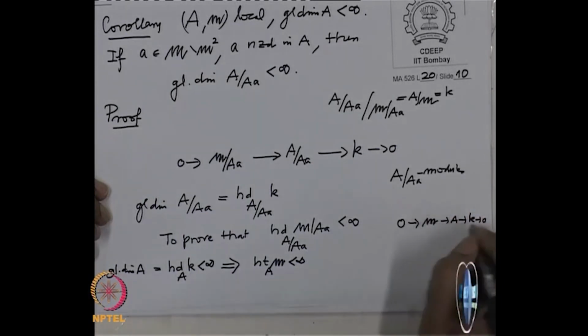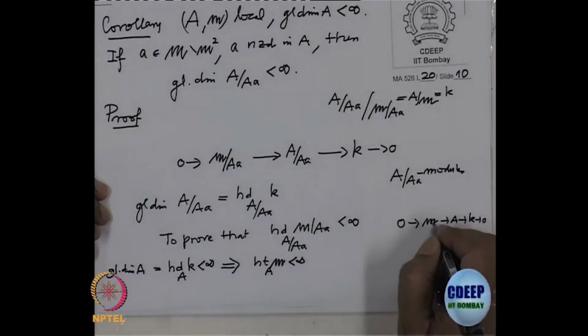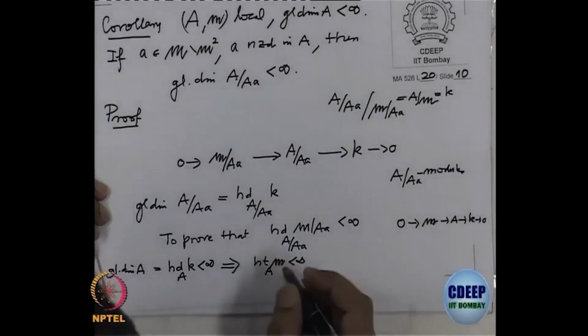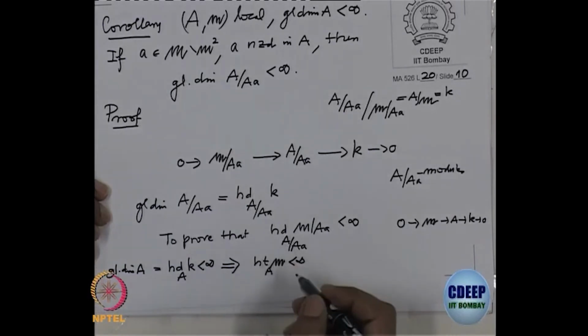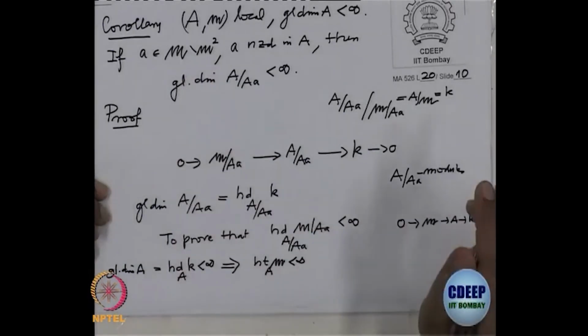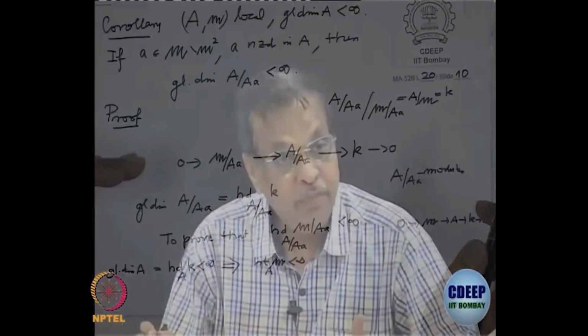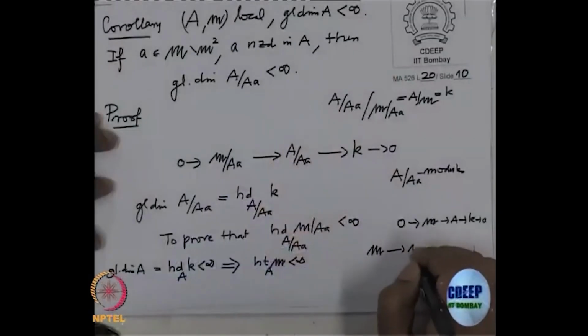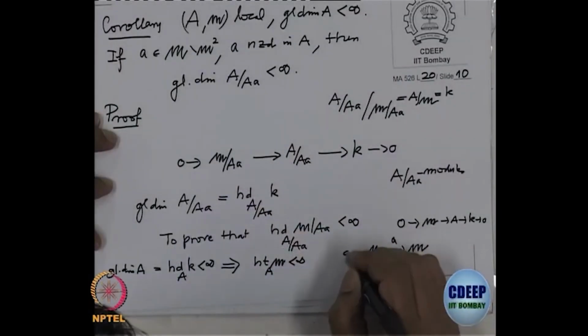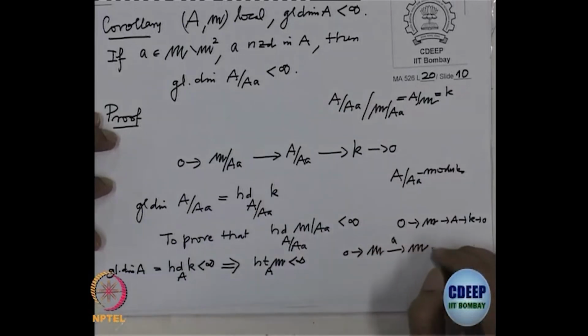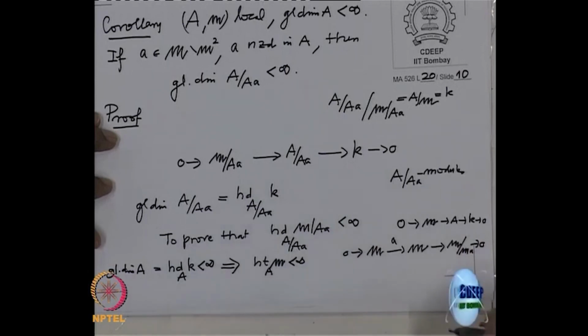So, the homological dimension of this is finite, therefore, this will also be finite. But now remember this a is a non-zero divisor. So, I can take a multiplication map on M, and then we have a short exact sequence. So, M to M by a, this is injective, and the quotient is M by aM to 0. So, this is an exact sequence.